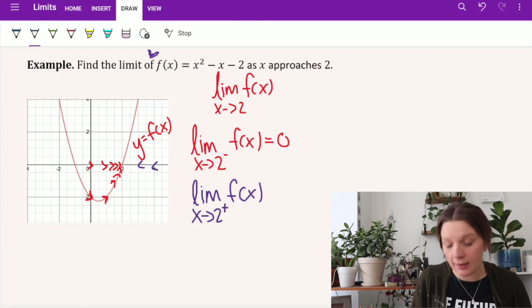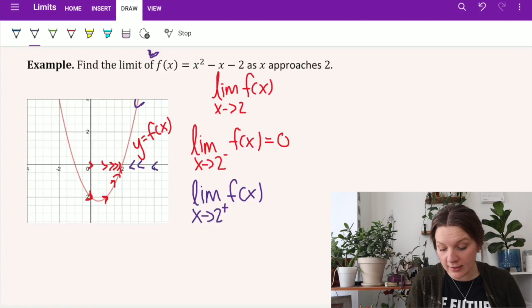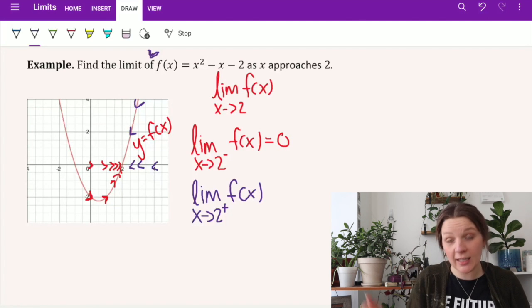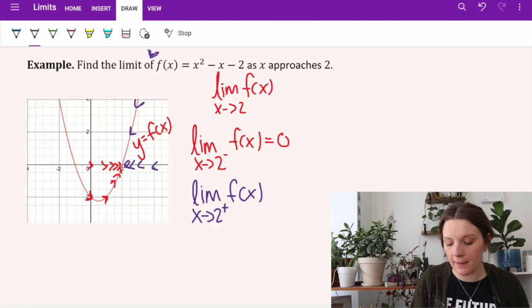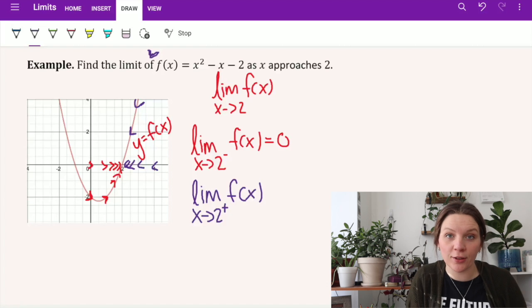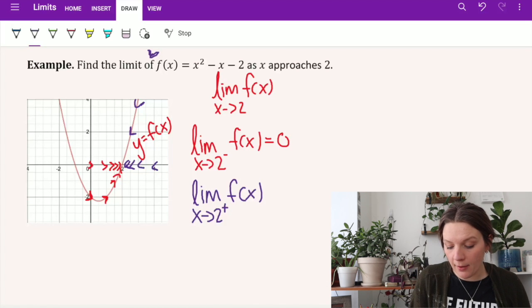So if I take, say, x equals 3, then my function is coming down. As I take, say, 2.5, my function is decreasing in this direction that I'm interested in as I go towards 2. As I take x values closer and closer to 2, my function is getting closer and closer to 0 again.